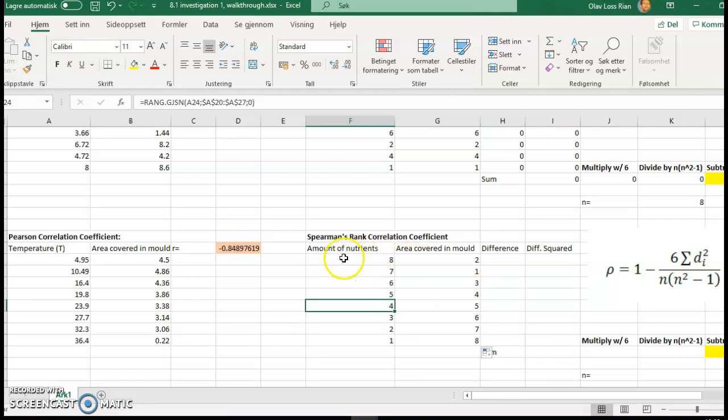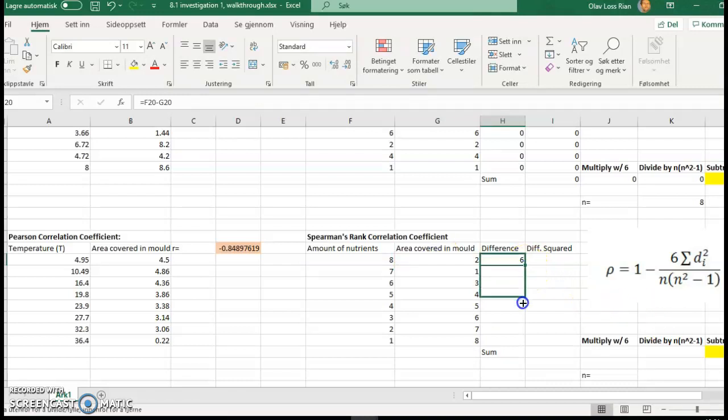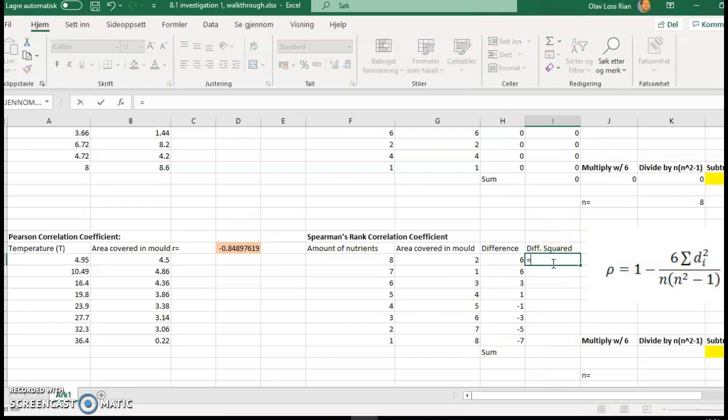And now we have the rank for each data set. The difference is going to be one of them minus the other. And it doesn't really matter which way you write this. You don't have to take the biggest number first. The reason for that is you'll see that some of the numbers are negative. It doesn't matter because once you square them, they're going to be positive anyway. So this is why the difference is squared.